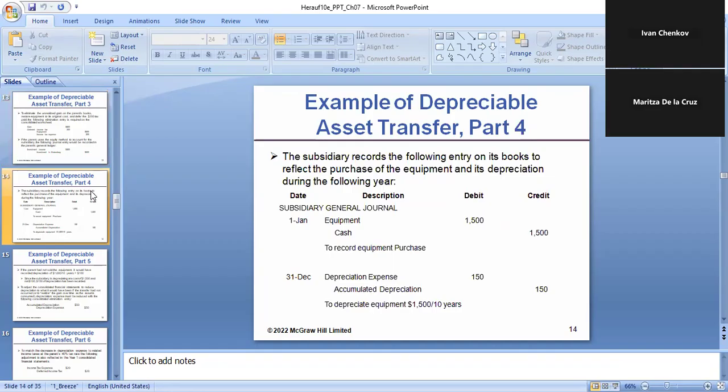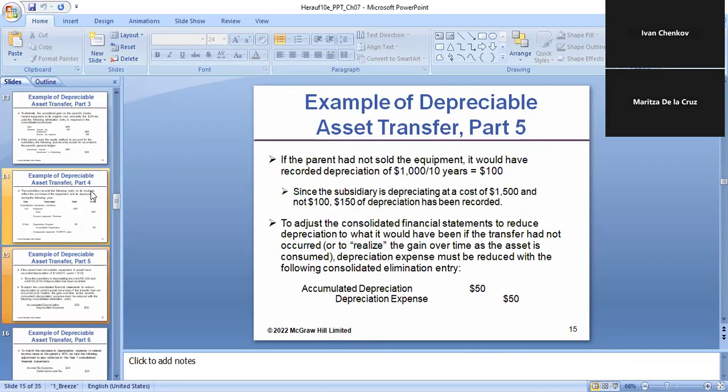Now, on the subsidiary side, what is the subsidiary going to have? First, the subsidiary is going to have that equipment. Since the subsidiary bought it, the subsidiary is going to have equipment of $1,500, and they paid $1,500 cash to the parent. Now they can deduct $150 depreciation expense on this asset over the 10 years.